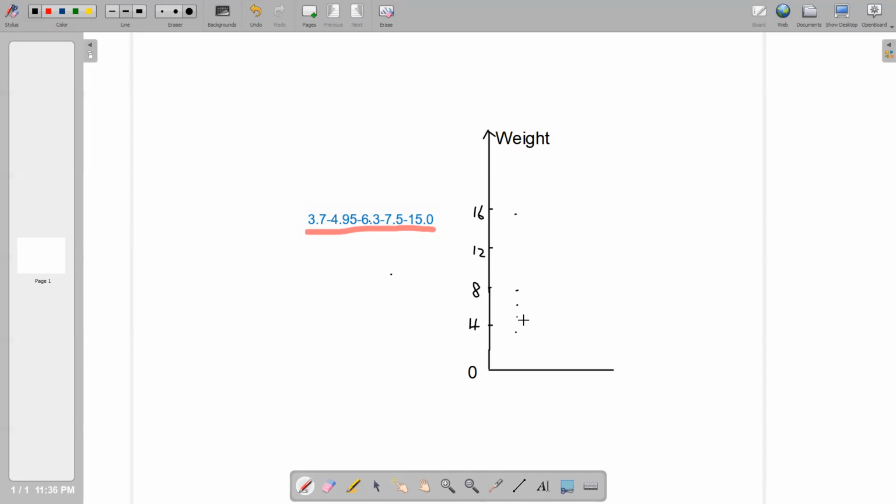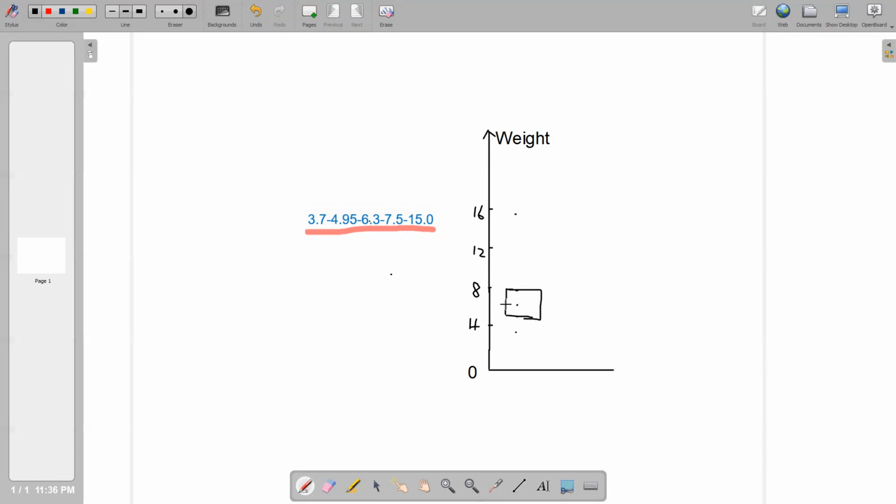Then between Q1 and Q3, we draw a box. How wide it is in the X direction doesn't really matter. What matters is the Y direction here, right?